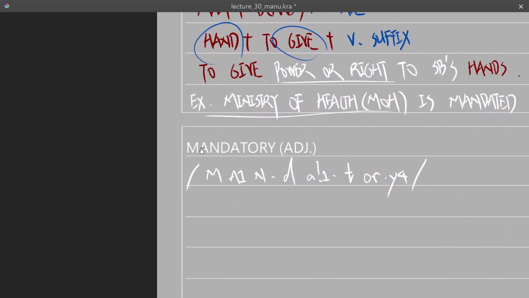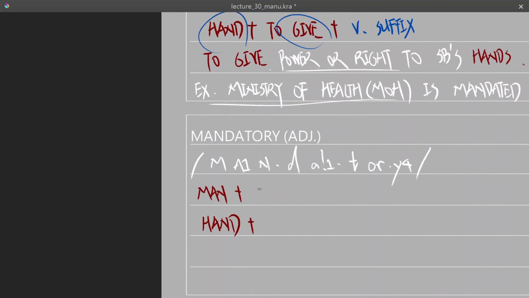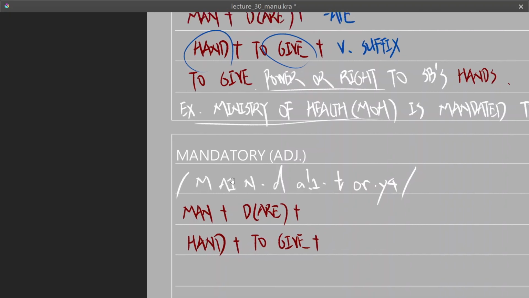Mandatory. Alright, we have the root man, meaning hand, followed by another root date, meaning to give, followed by ate.